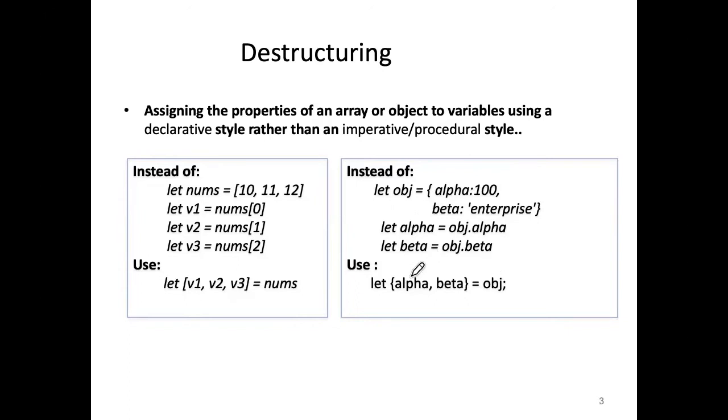And assuming it finds it, it takes the value associated with that key and it declares a new variable called alpha and assigns it that value. Similarly with beta. So alpha and beta do have to match the keys in the object. Although we will see in a second that you can actually overcome that kind of restriction.